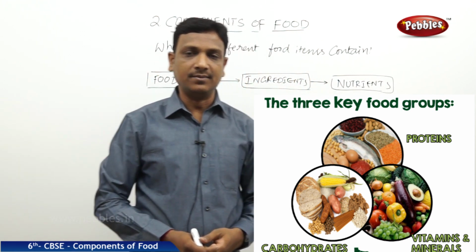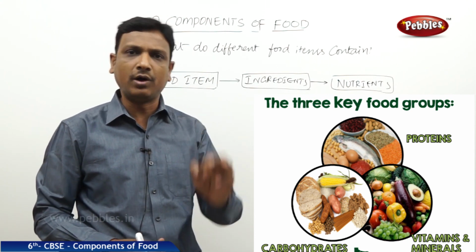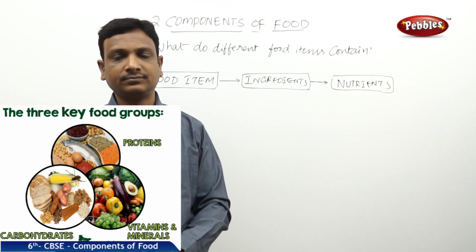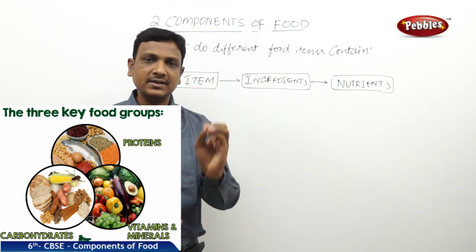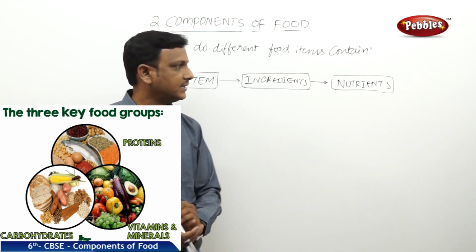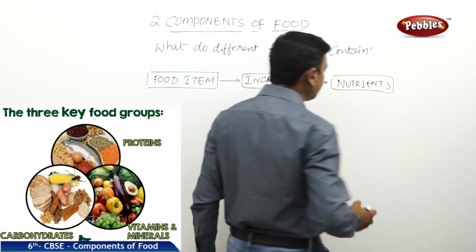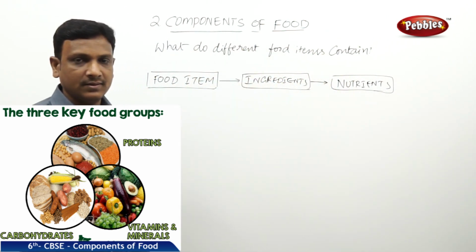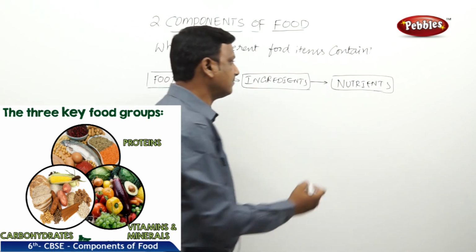But here the question comes, do all the ingredients have all the nutrients? Of course not. Some ingredients are good in some nutrient. Say for example, first let us see what these nutrients are. There are so many nutrients. We are categorizing them into groups.